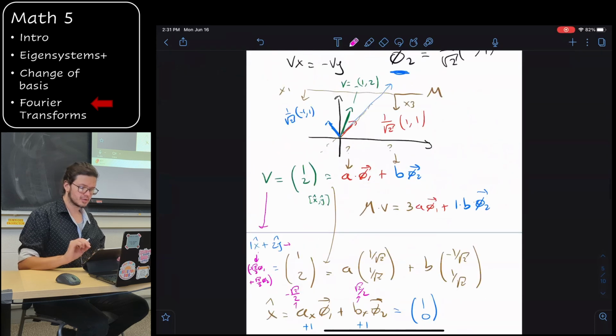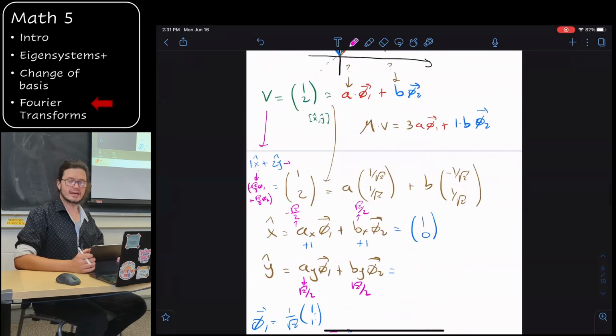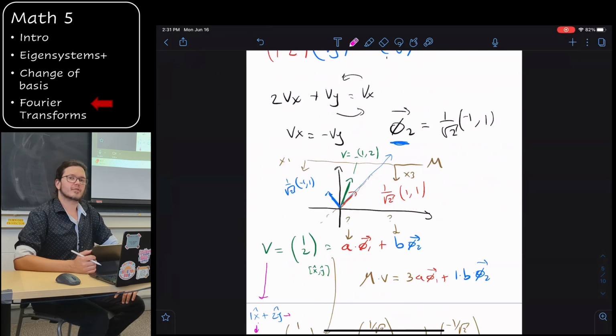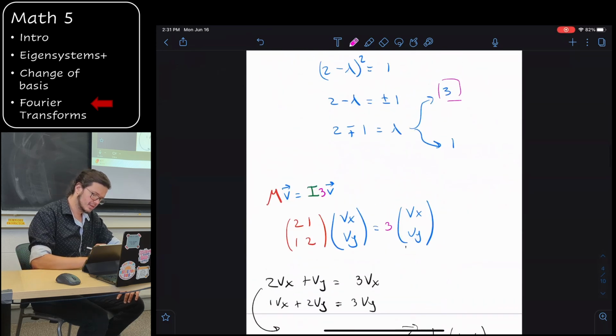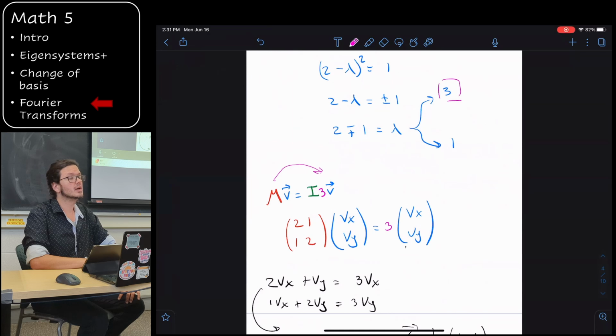So the conclusion from our discussions is that the eigensystem of a matrix is the set of vectors that make that matrix action look trivial. In the case of linear algebra and actual matrices, it's just multiplying by a number.